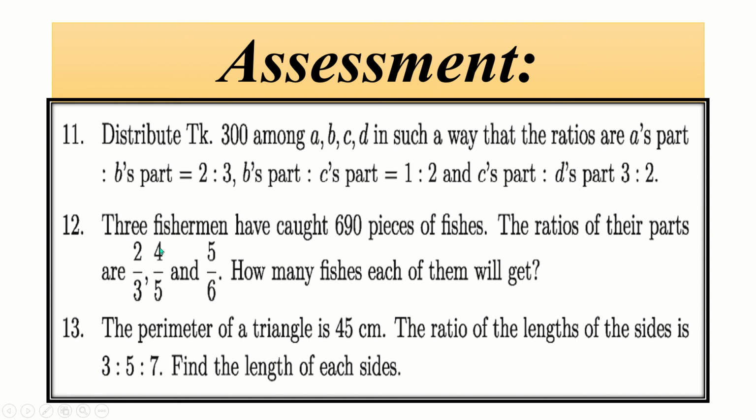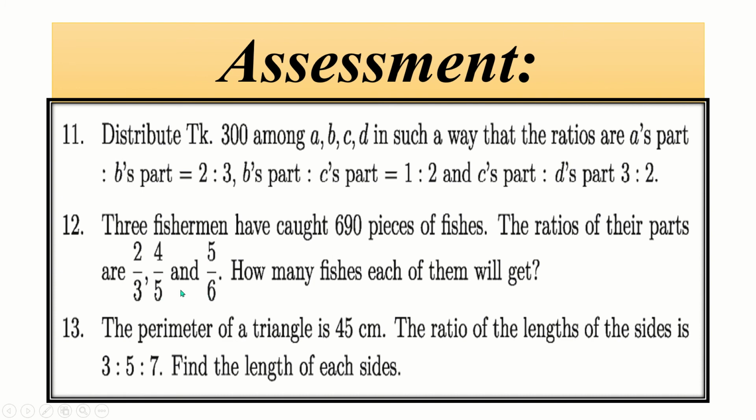Here given parts 2 by 3, 4 by 5, 5 by 6, and the total pieces of fish is given 690. How many pieces will each of them get? That means here the ratio is 2 by 3 is to 4 by 5 is to 5 by 6.